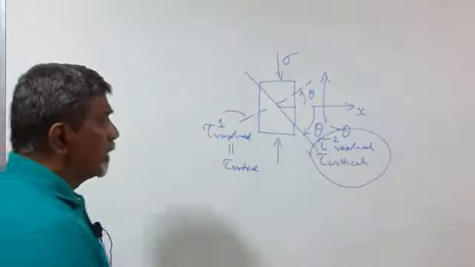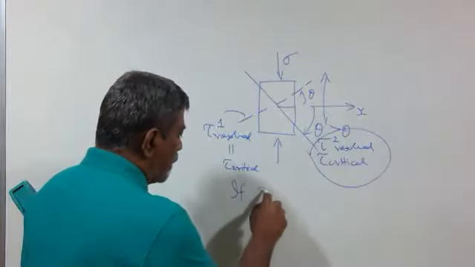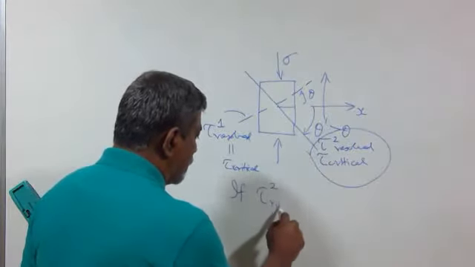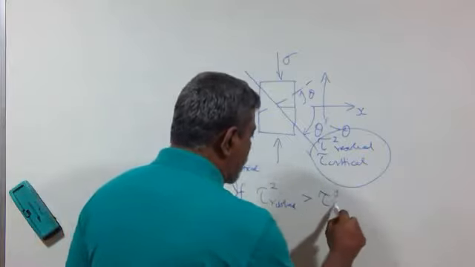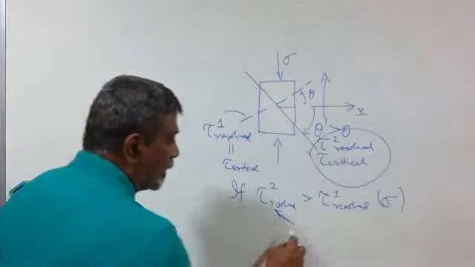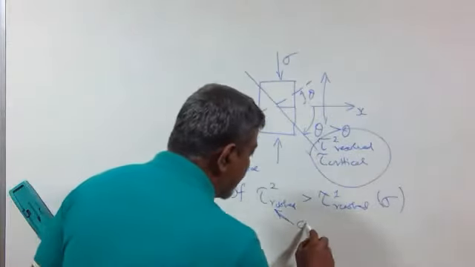What does this mean? If tau 2 resolved is greater than tau 1 resolved for the same stress level sigma that has been applied, then tau 2 resolved becomes the critical one, right? So, what are we looking at? Of the two planes, which one has the higher shear stress, and that higher shear stress should reach the limit in order for this to fail.